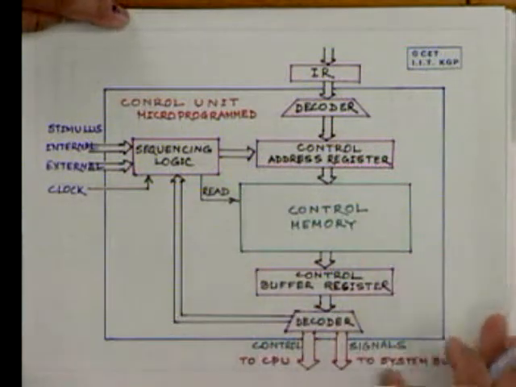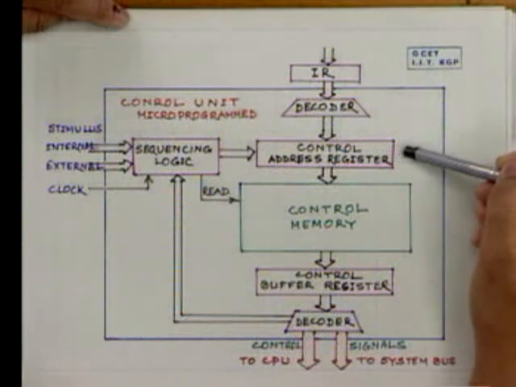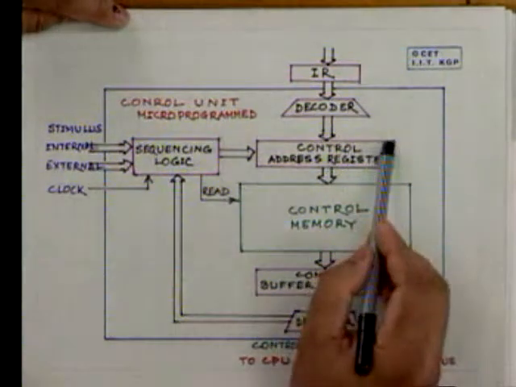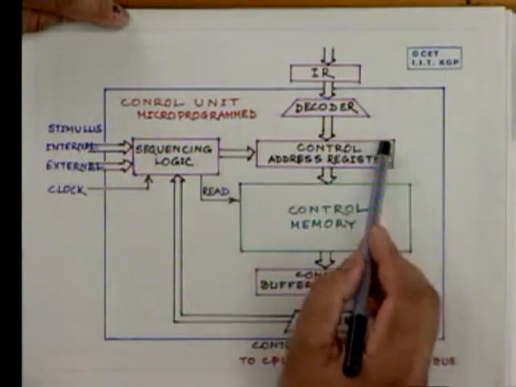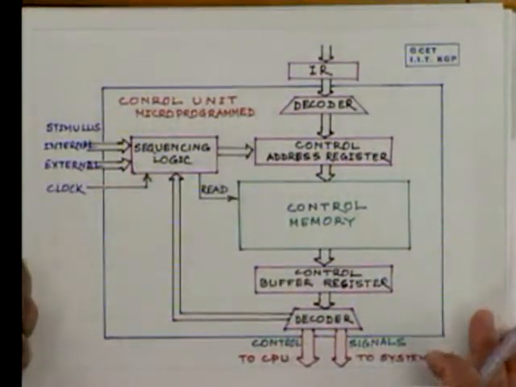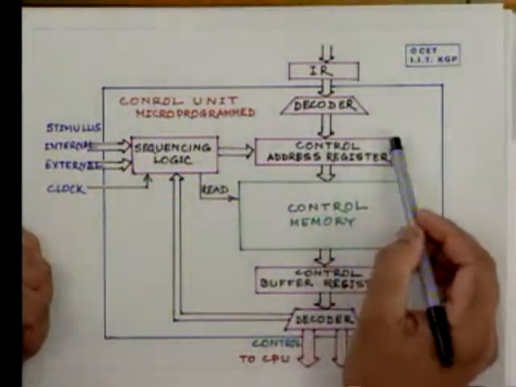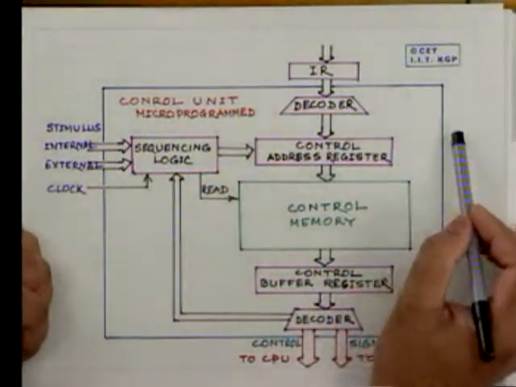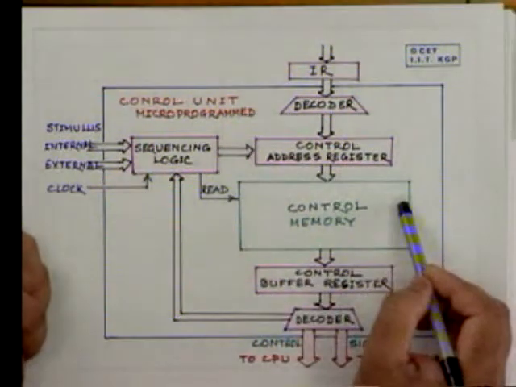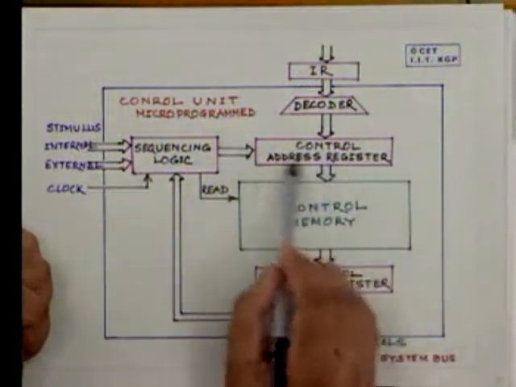Previously, in the situation of a general program, we called it the program counter. Here, instead of program counter, it is called the control address register. With the program counter, in terms of the memory, we call it a memory address register. It is called the control address register here.